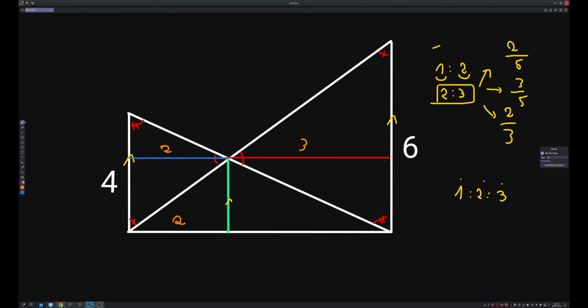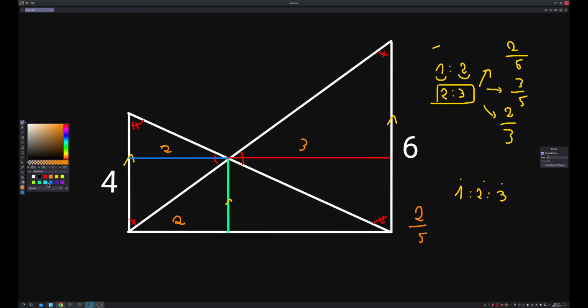So I want to divide by 5, and then multiply by 2, because to go from 5 to 2, I need to divide by 5 first, and then multiply by 2. So I obtain this coefficient. So all I have to do now is apply it to 6. So 6 divided by 5 is 1.2, times 2 is 2.4.